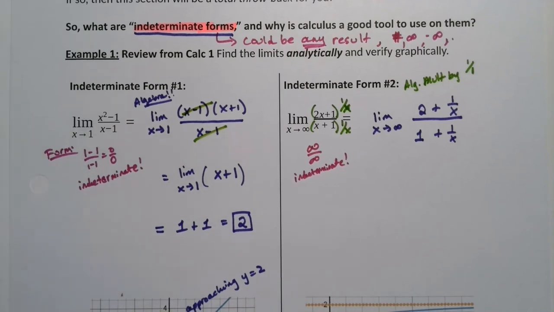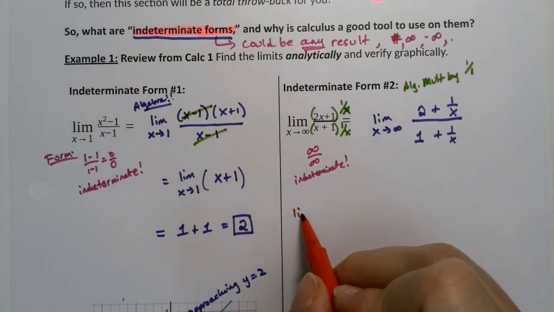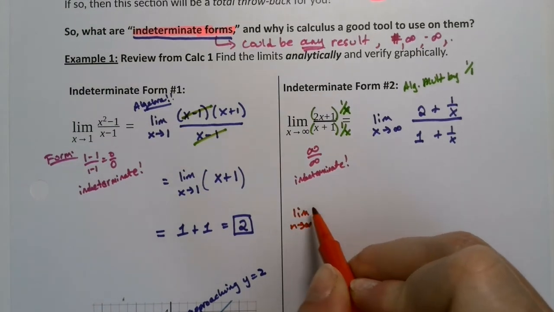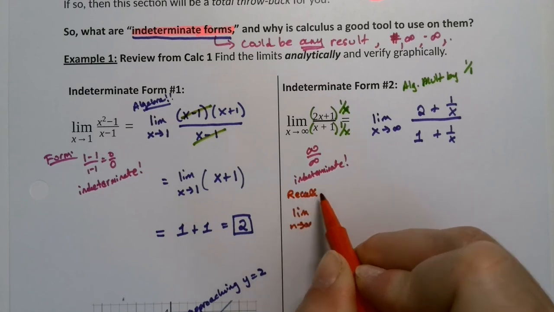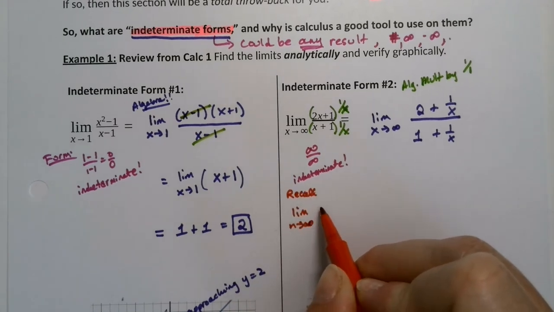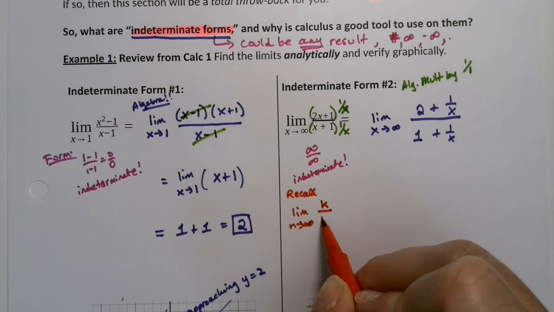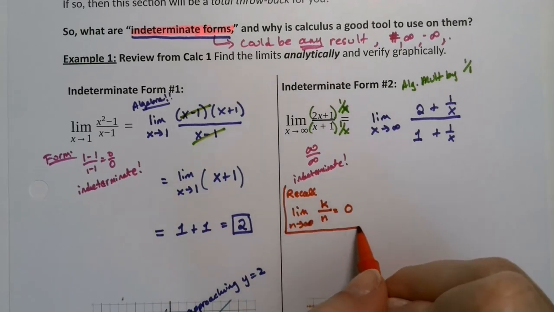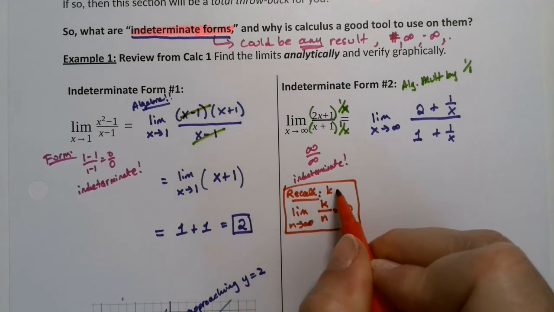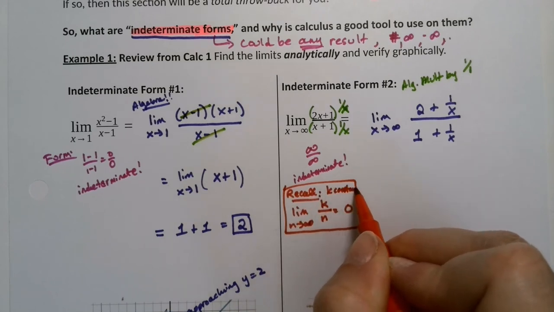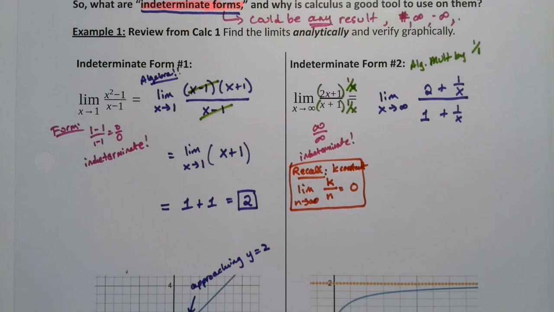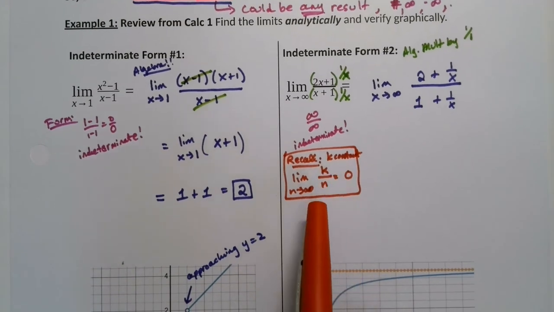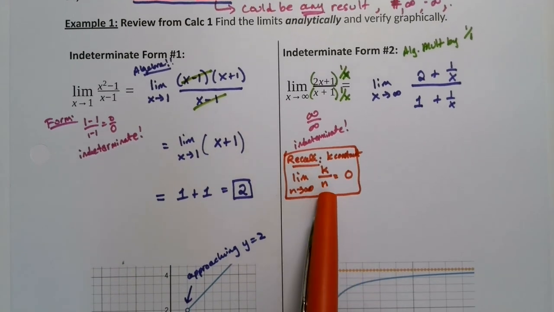Well, remember, we know that the limit as n goes to infinity of any constant k over n is 0, where k is a constant. We learned that, right? If you take any number and divide it by infinity, everybody gets nothing, right?